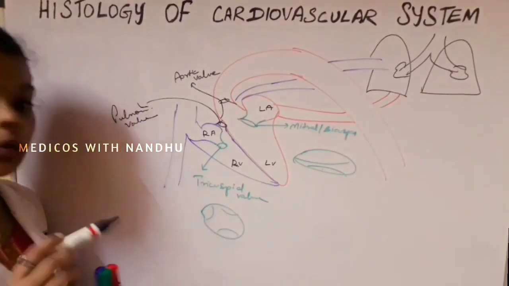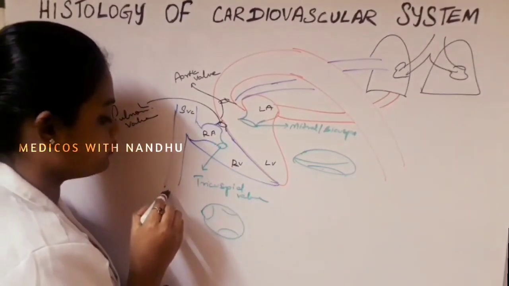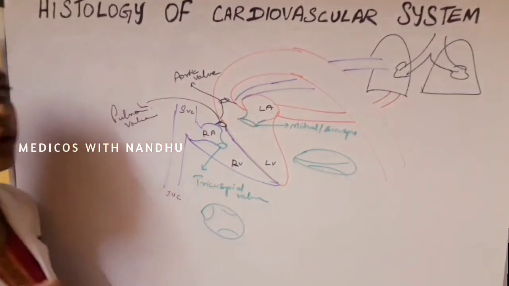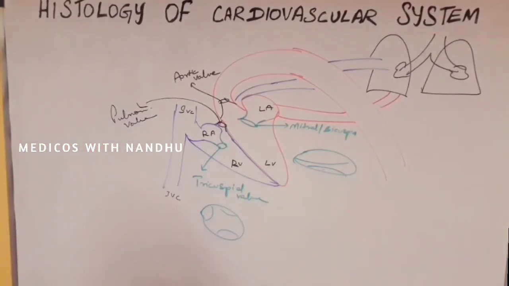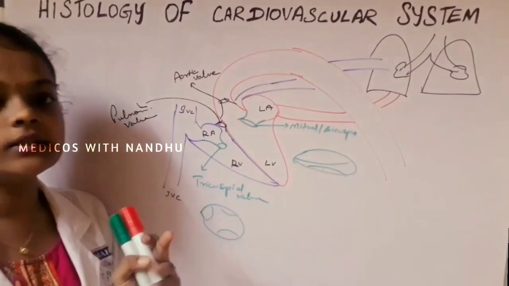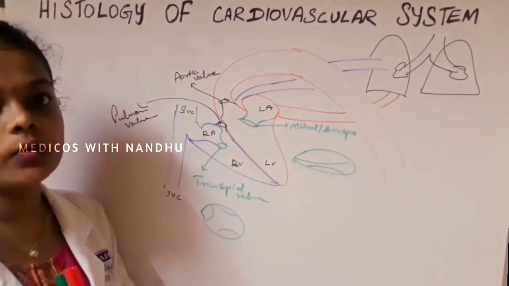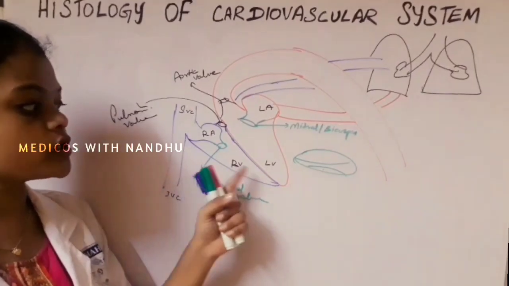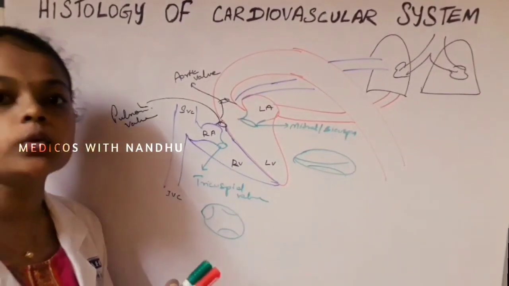Okay, and there are two venous systems, the superior vena cava and the inferior vena cava. Any doubts in this? So let us note there are four chambers: right atrium and left atrium, right ventricle and left ventricle. And there are two input valves and two output valves.